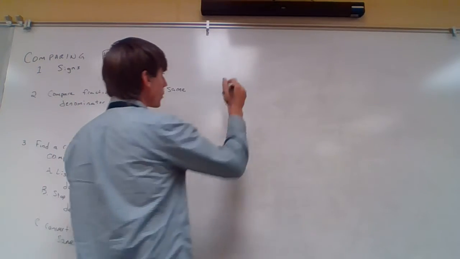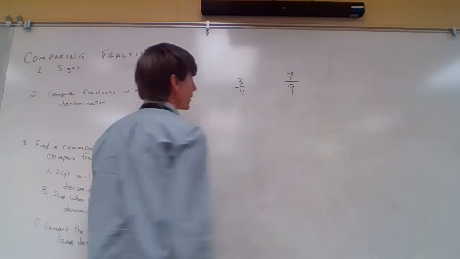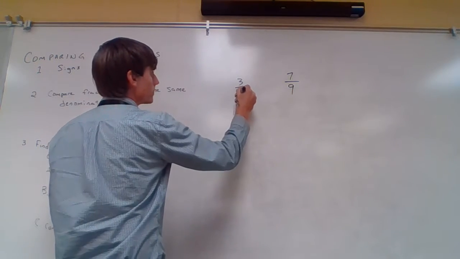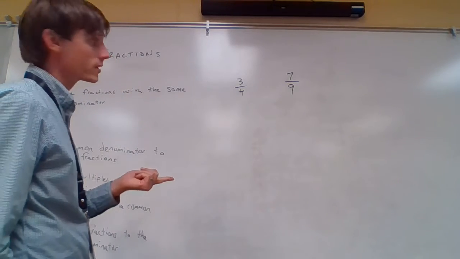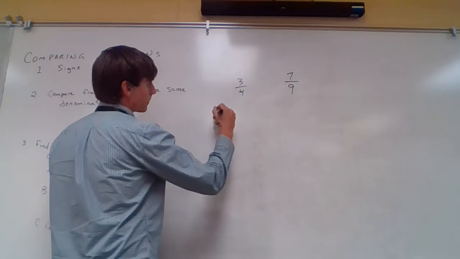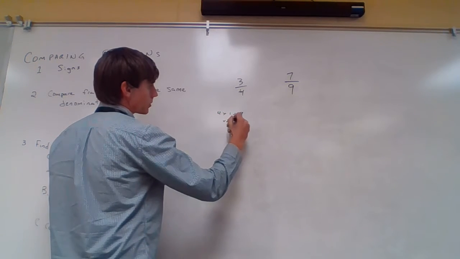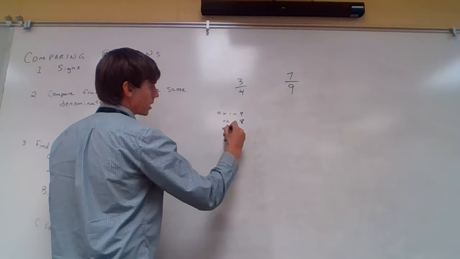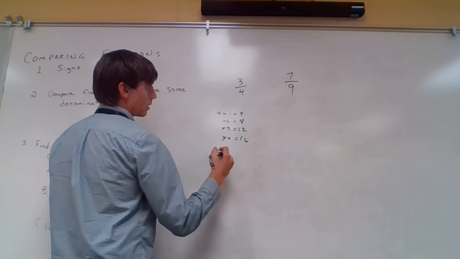So let's compare 3/4 and 7 over 9. 7/9. Okay. Again, we're trying to find that common denominator. So first step, we'll list the multiples. Okay. 4 times 1, 4. Times 2 is 8. Times 3 is 12. Times 4, 16.